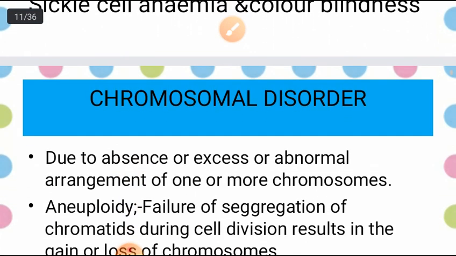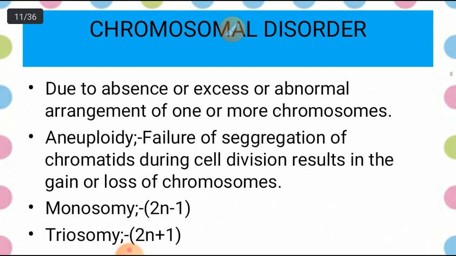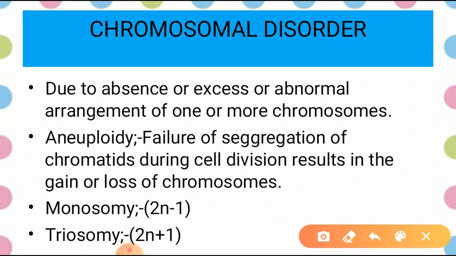The second type of genetic disorder is called a chromosomal disorder. So here the disorder is because of absence of one or more chromosomes or due to the presence of excess of one or more chromosomes.